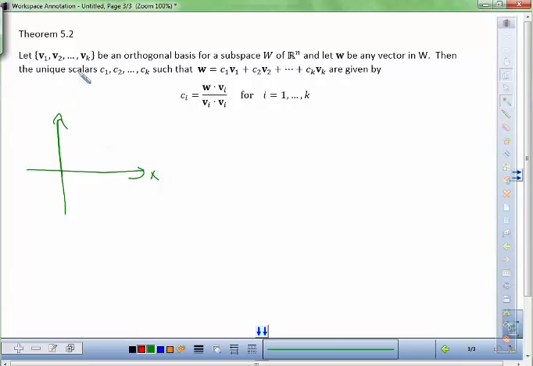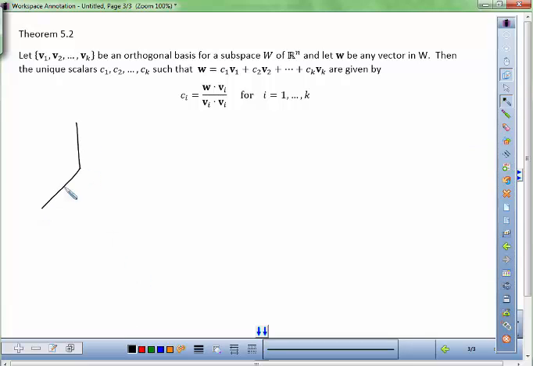For the idea of giving a visual, let's stay in 2 dimensions. Actually, I think we should probably go into 3 dimensions. Let me change everything here. So let's say we have V1 and V2 to represent a subspace.